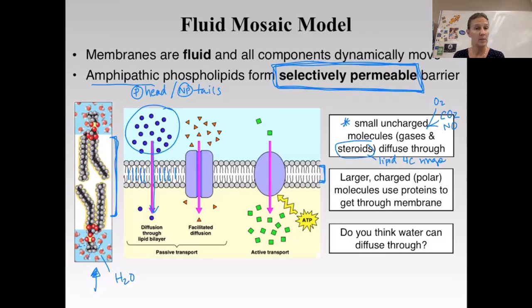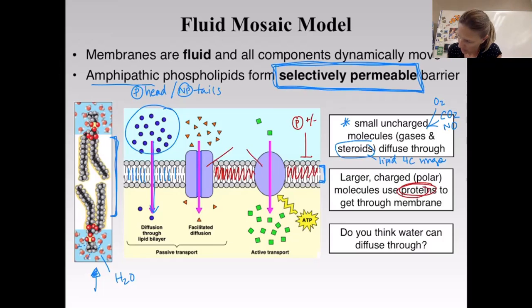So that's why this membrane is selectively permeable. Small uncharged molecules can get right through. However, larger charged polar molecules cannot get through. The nonpolar tails act as a barrier, and the polar things cannot get through. So if you are polar or charged, you can't get through the plasma membrane alone. You can't just diffuse. What you need are proteins, right?